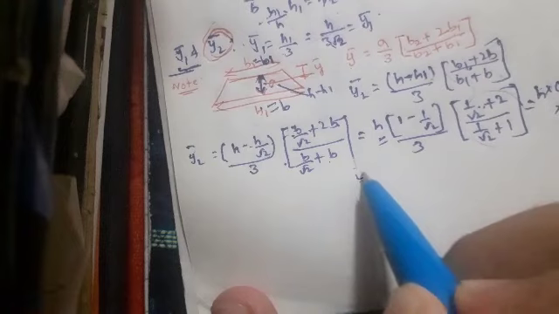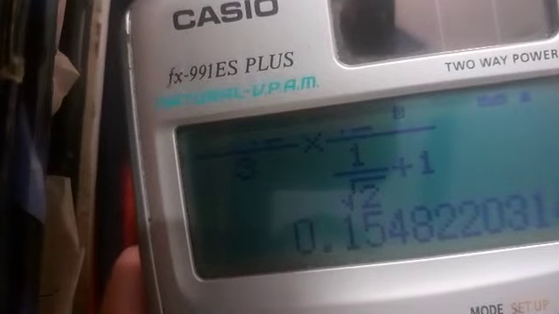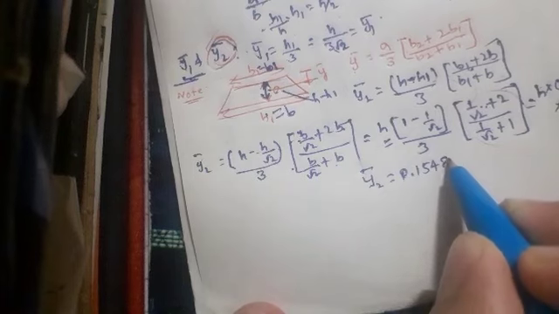Upon simplification, I am getting y2 bar to be 0.1548 h.